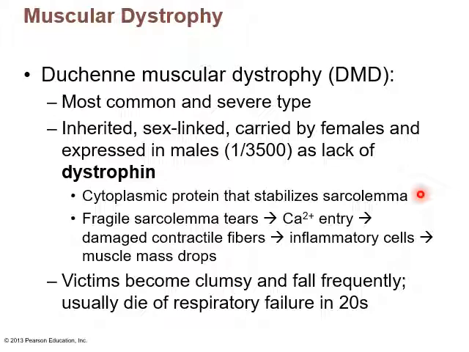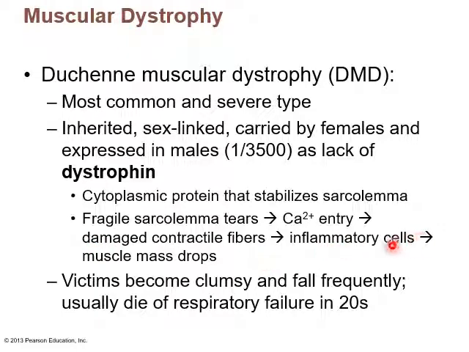So dystrophin is something that makes the cell membrane of muscles more stable. And if you don't have this, what happens is it makes the sarcolemma very fragile. And so calcium will enter, and it damages the contractile fibers.